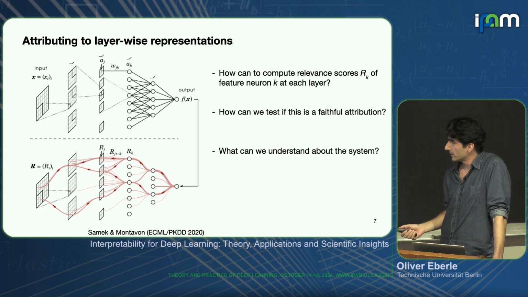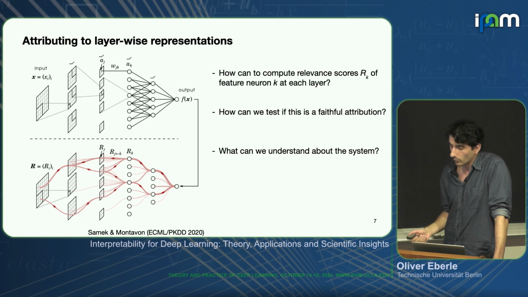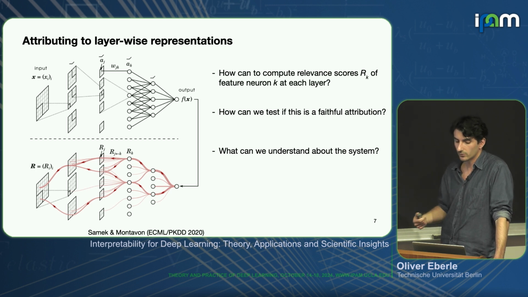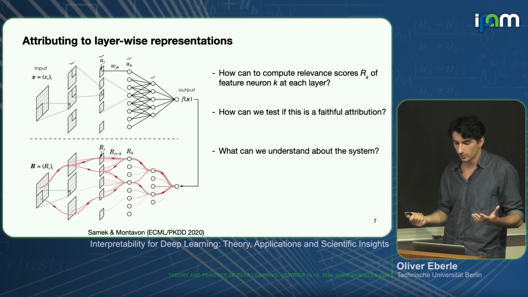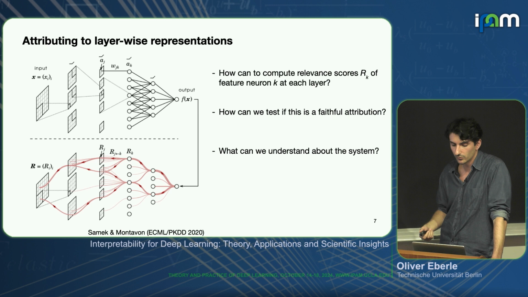Now the question is, how can we go back to actually understand what happens along the way? We want to identify these relevance scores, R_k, that tell us how important a certain neuron would be. Once we know which are the important neurons, we can go further and identify what these code for and when they strongly activate.